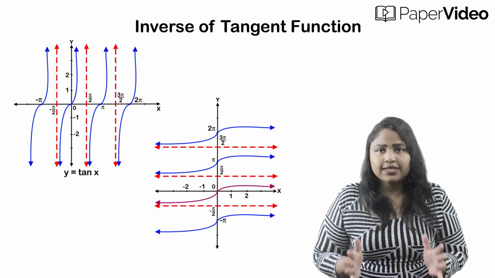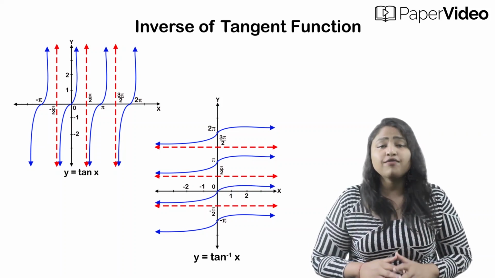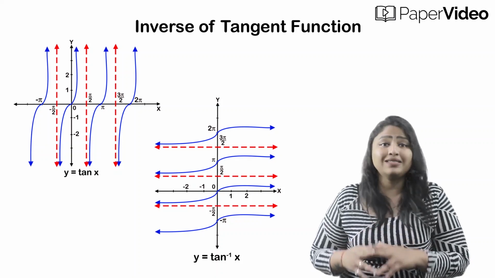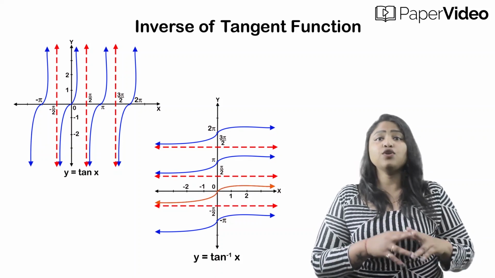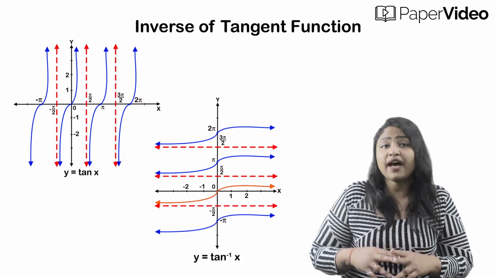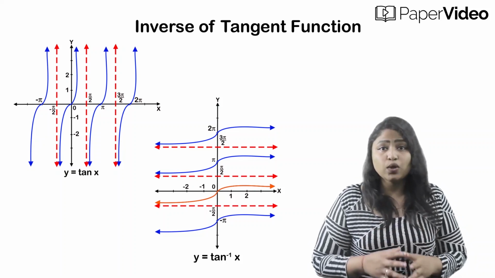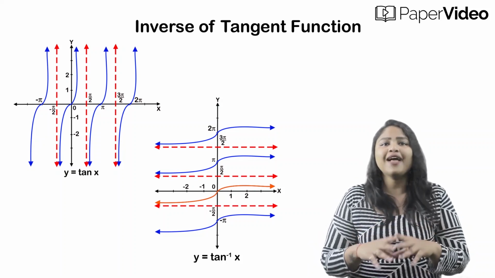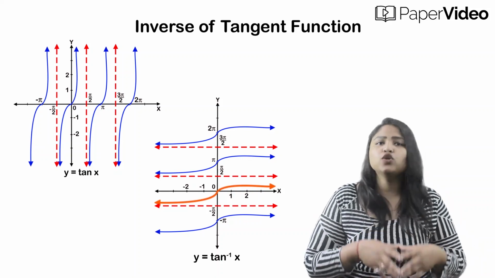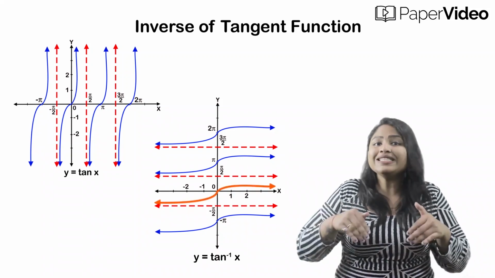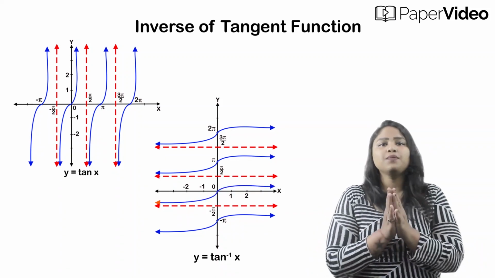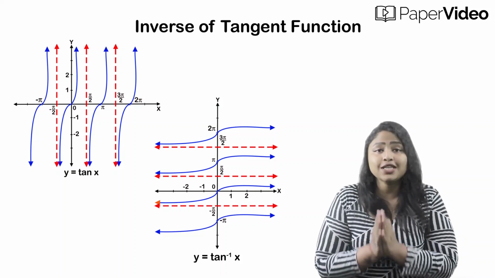By just interchanging the axis, we can draw the graph of y equals tan inverse x. This shaded portion of the curve from minus pi by 2 to pi by 2 is known as the principal value branch. Any value of tan inverse x within this interval is known as the principal value of the tangent inverse function.